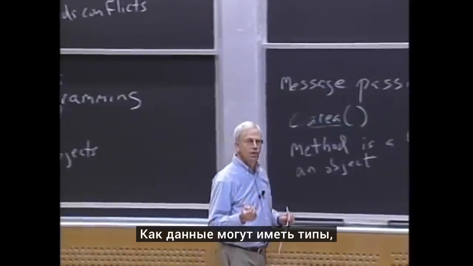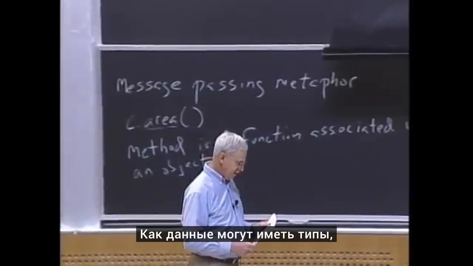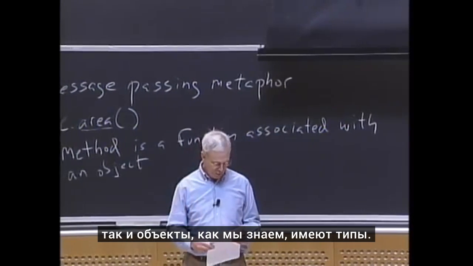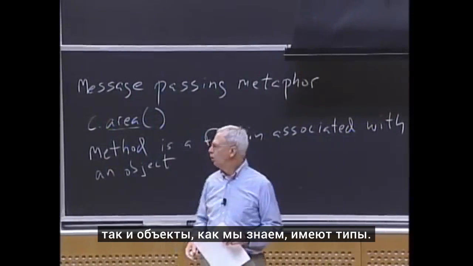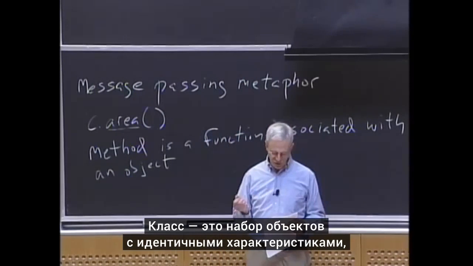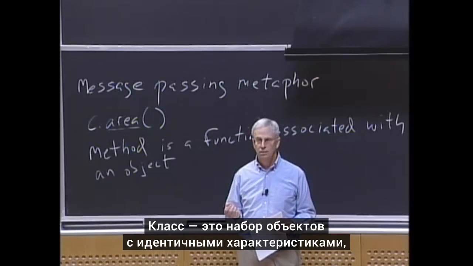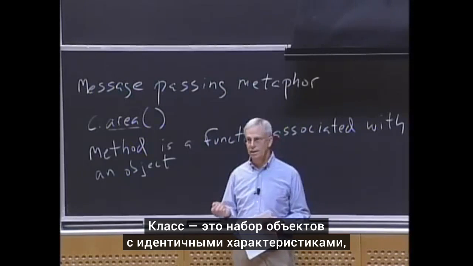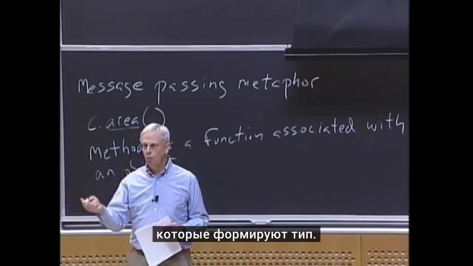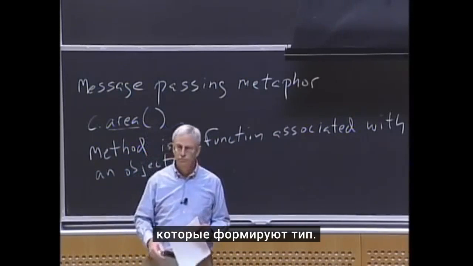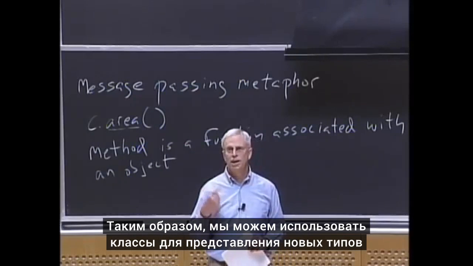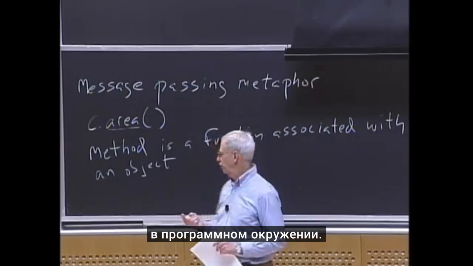Now, just as data can have types, objects, as we know, have types. A class is a collection of objects with identical characteristics that form a type. So we can use classes to introduce new types into the programming environment.